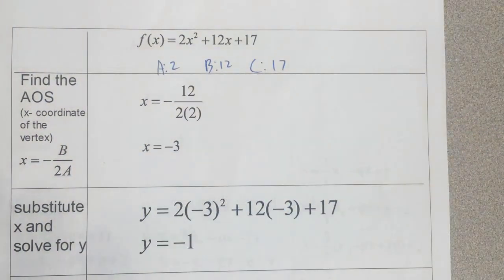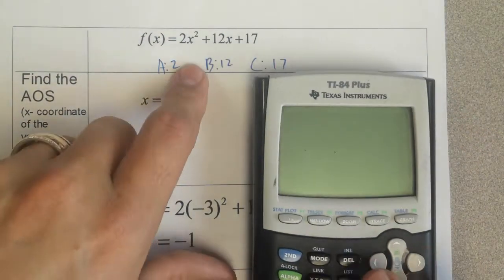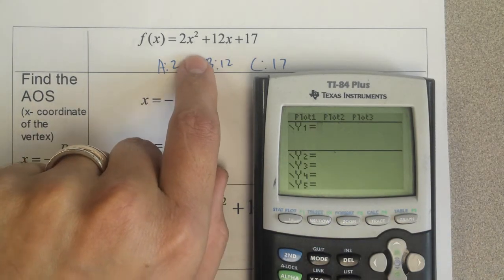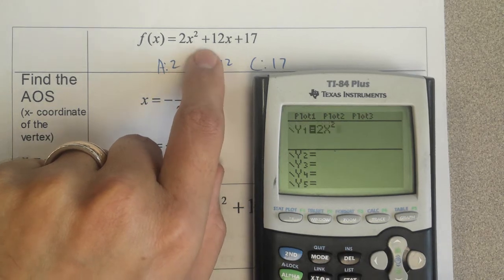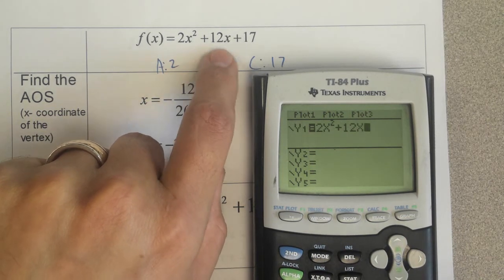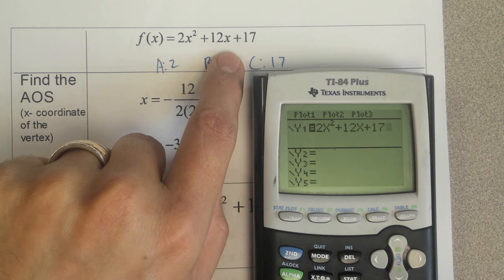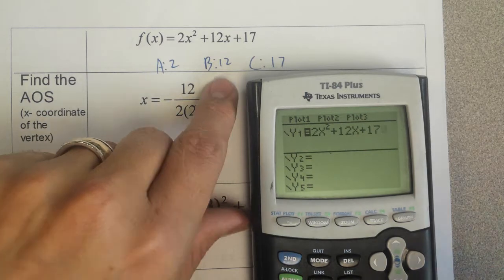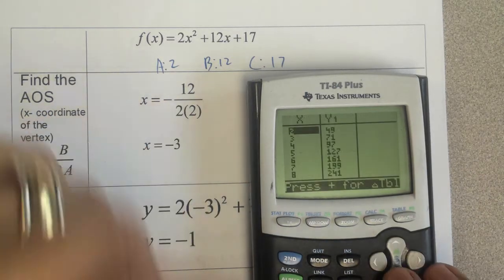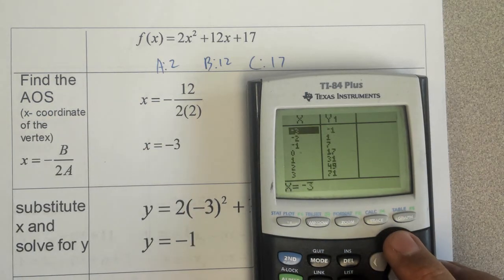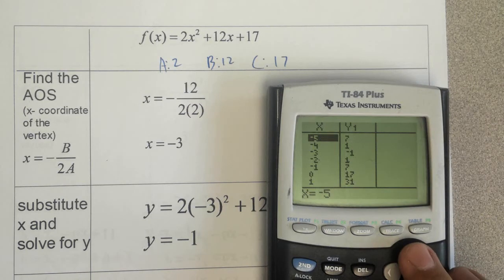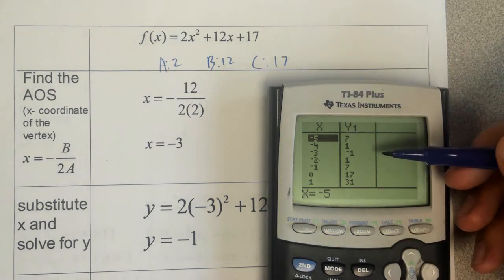If we do it like we had been doing in the calculator, to find H and K, I would have plugged this in. I clear it off. 2x squared plus 12x plus 17. You don't need to copy this one down per se. It's just because most of it's all done for you. And then if I look at my table, I actually see my vertex.